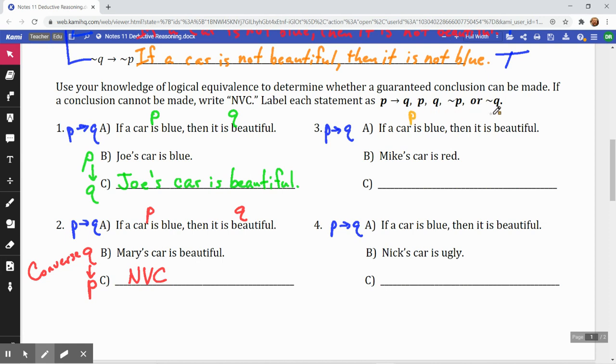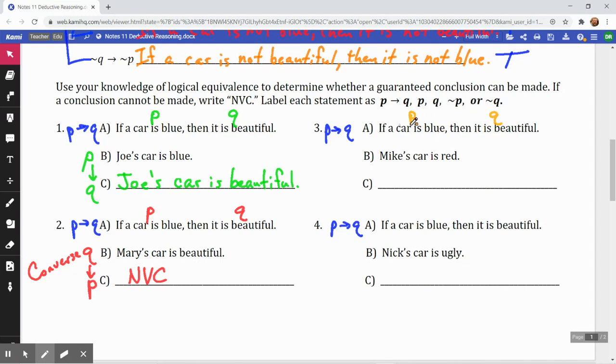What we know about Mike's car is that it is red. So let's interpret this. What does it mean to say Mike's car is red? What is it referring to? Well, that's a color. And statement P, the hypothesis, was referring to the color of a car.